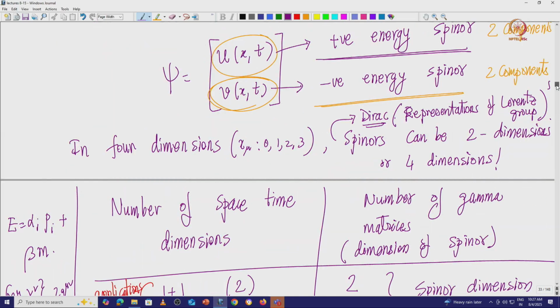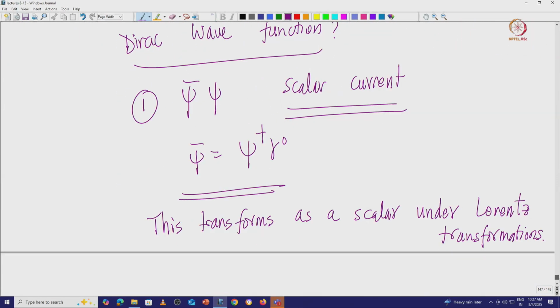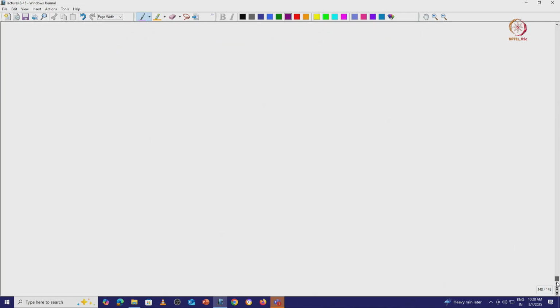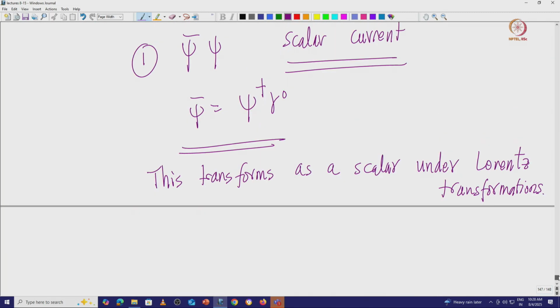So that is one of the scalar quantities, a scalar current. If you multiply this with a scalar density, the probability density of a scalar particle, this gives an interaction called the Yukawa interaction. We will come back to that a bit later, which is useful.